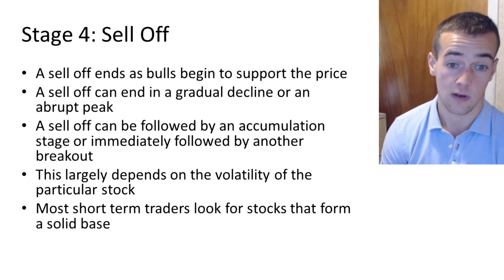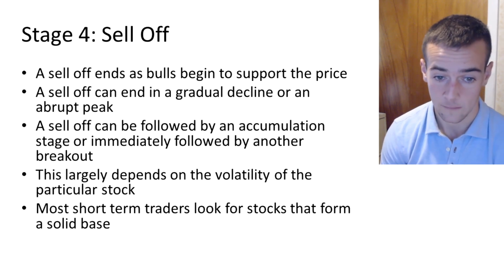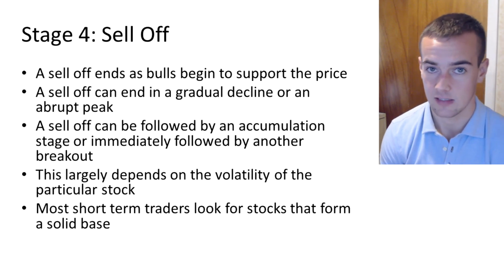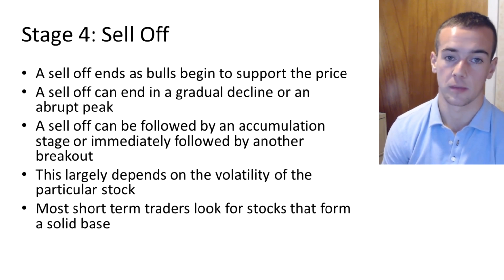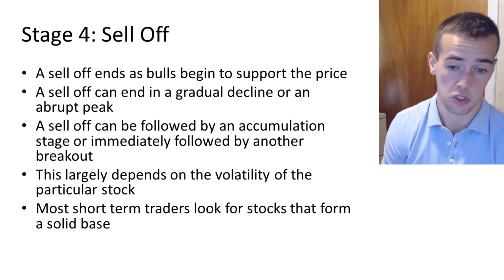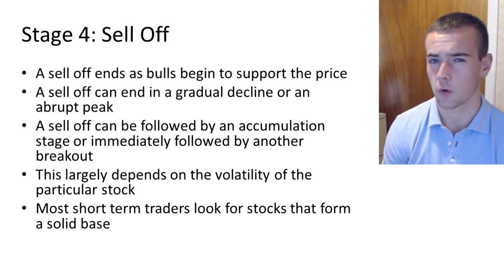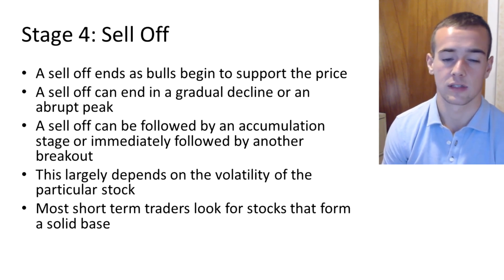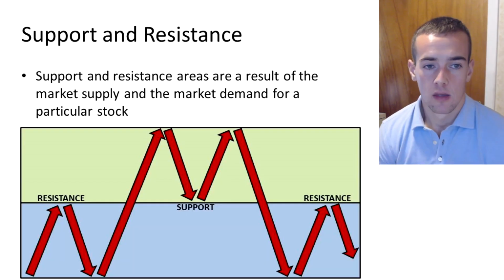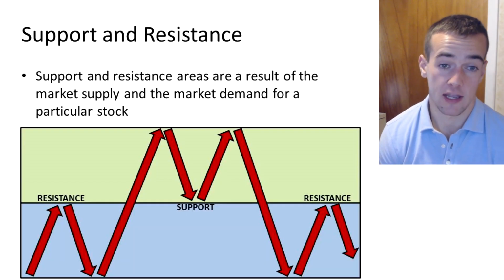And Sears was a very volatile stock at that point when we were looking at it. So most short-term traders look for stocks that form a solid base. If you're seeing a stock go right from a downtrend back into an uptrend, that isn't a solid foundation. There's no foundation being built there. And as a short-term trader, you probably would be hesitant to pick up a position because there's not a healthy base being formed there.